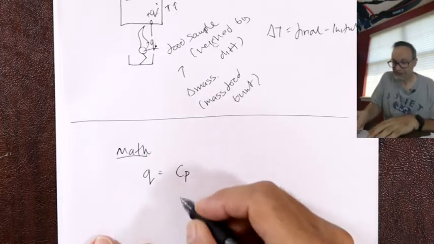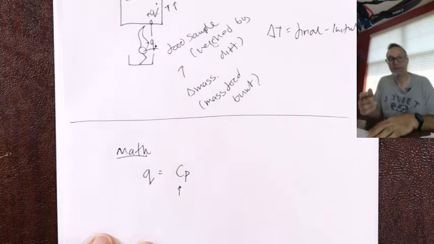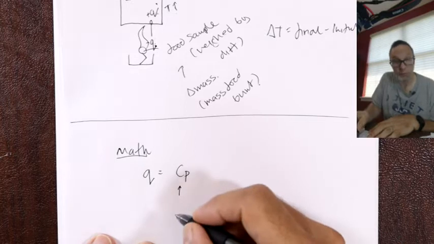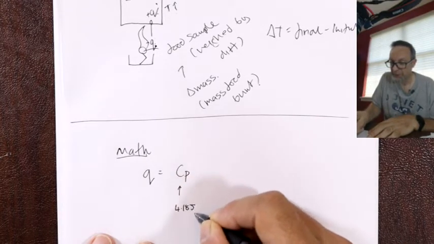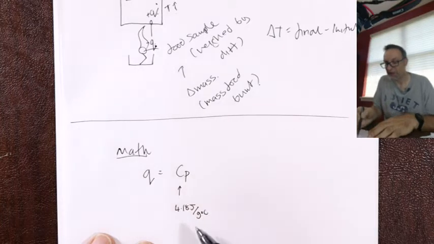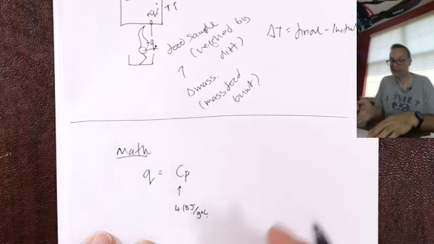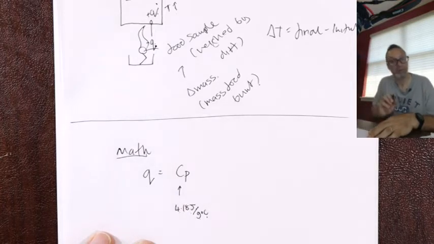So the exchange rate between Celsius and joules is for water, and everything has its own unique heat capacity. Joules per gram degrees C. That means I put in 4.18 joules of energy for 1 gram to go up by 1 degree C for water. So that gets us from joules to degrees C.